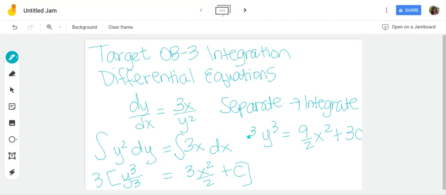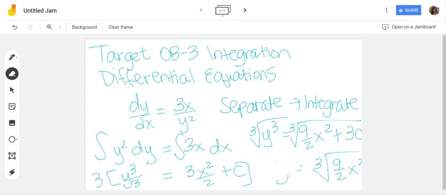And then I would take the cube root. So the answer to my problem would be the cube root of 9/2 x squared, and I can't write off the board, plus 3c. So that would be my answer.